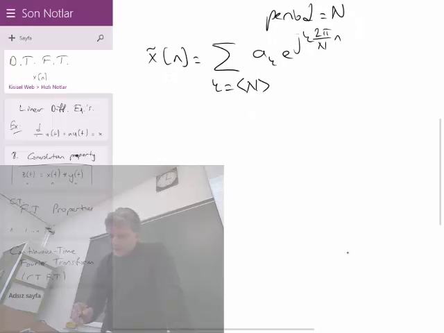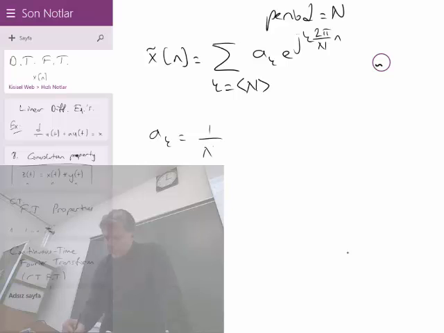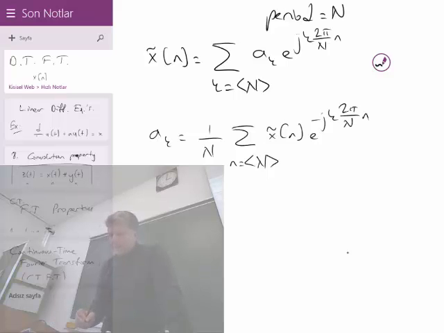Now, from here, let's first write the formula for the Fourier series coefficient. That is 1 over capital N summation, again in an extent of capital N, x tilde of n e to the minus j k 2 pi over capital N n.